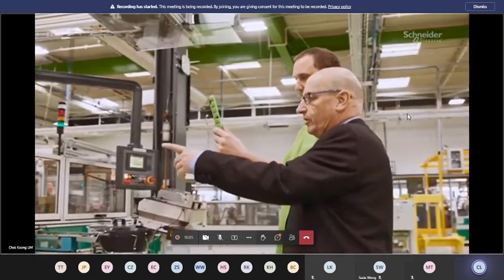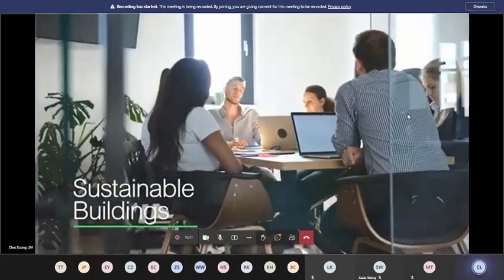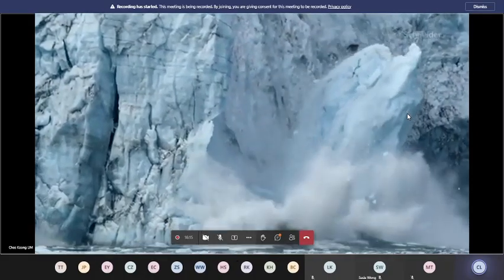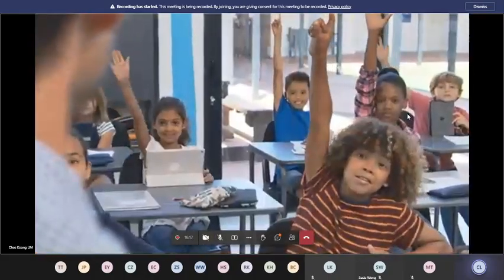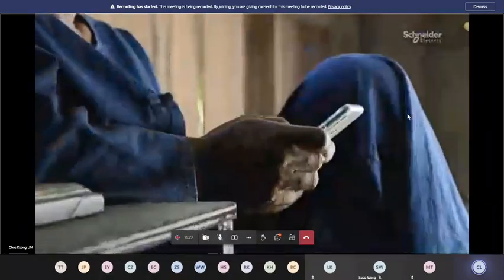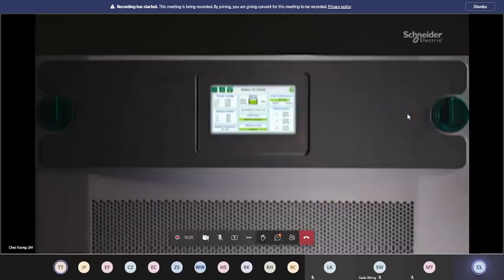Well, we connect and power just about everything around you, helping machines talk to each other and to you, making your world more personal. We're seeking out the big questions and answering them honestly. Like, how can we make the most of our energy and resources? Or can we make access to energy and digital basic human rights?